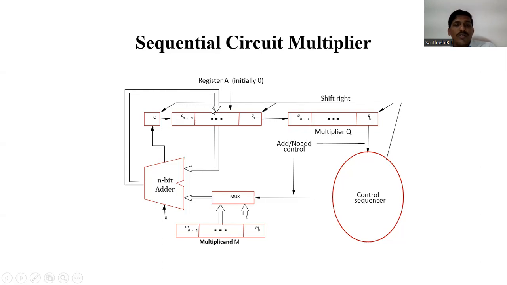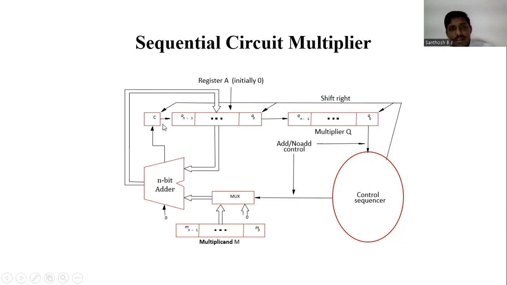If you add the registers and the multiplicand, and any carry comes out of the most significant bit, that will be stored in C. There is no carry when you complete this position, so obviously it will be 0. Okay, I think you understood. After that, shift right by one bit position.